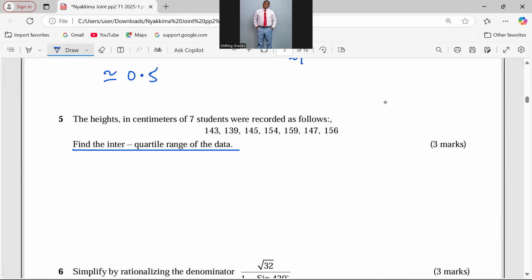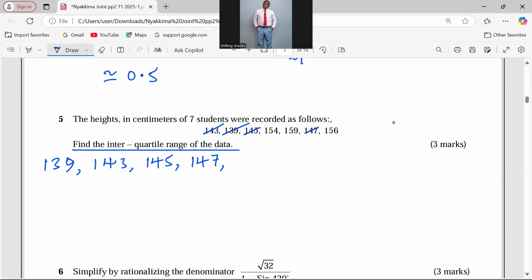So the least value when it comes to the heights of these particular students, we are beginning with 139. Then after 139, we can talk about 143. Then after 143, 145. Then after 145, we can talk about 147.